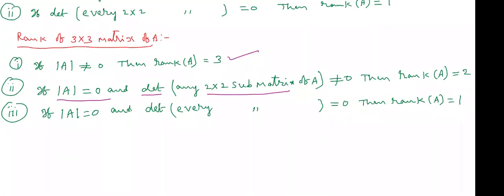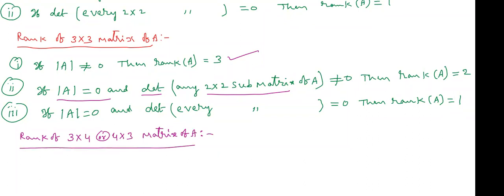Next, the rank of a 3 by 4 or 4 by 3 matrix A. Whatever it may be, it is a rectangular matrix.